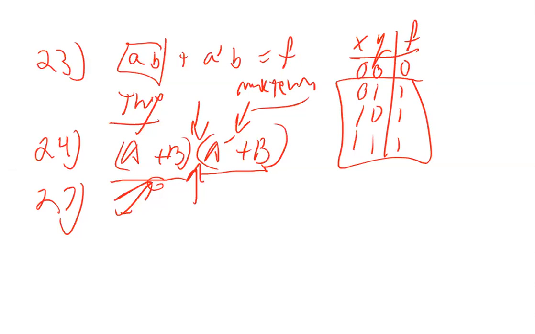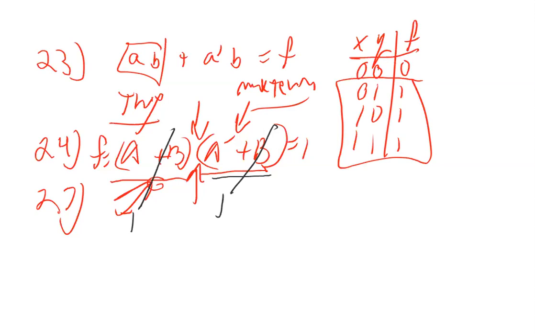So in other words, if F is equal to 1, it must be the case that A prime plus B is equal to 1 and A plus B is equal to 1. Because if any of them were equal to 0, you'd be multiplying by 0, in which case the output would be 0. What do you think of that? Does it make sense? Yep, thank you. All right.